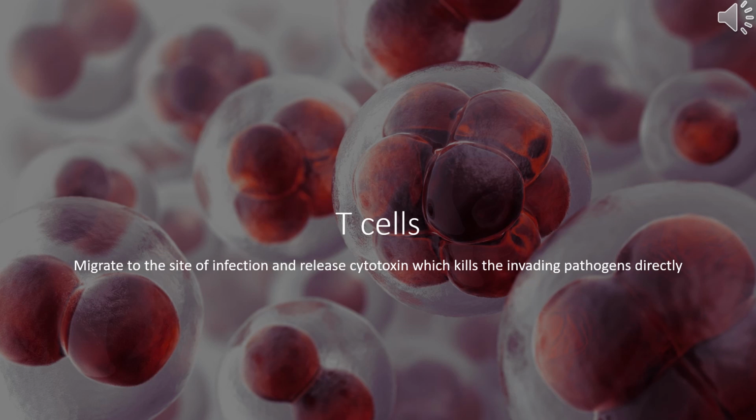Pretty straightforward. They migrate to the site of infection. They then release a cytotoxin, and that will kill the invading pathogens directly. They don't inhibit it. They don't do any of that mess. They simply release a cytotoxin that kills the pathogen.